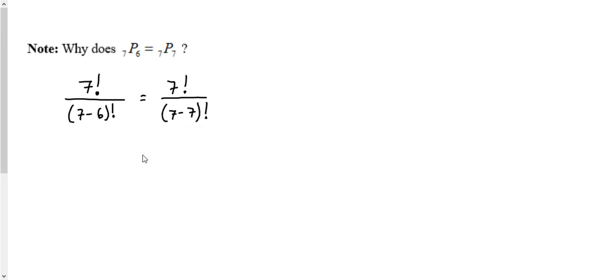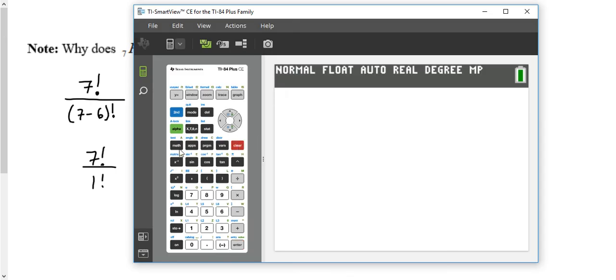Well, here, what is this? Well, this is the same thing as saying 7 factorial divided by 1 factorial, which is equal to 7 factorial divided by 0 factorial. If you evaluate each piece, 1 factorial and 0 factorial, both of these are equal to 1. So let me just show you that.